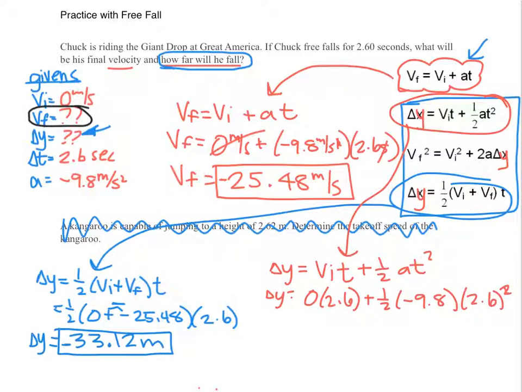Now, you have to be careful here because we have to square the 2.6 only, not anything else. And then we can do the rest of the math. We know that the initial velocity is 0, so this is going to cancel. So we are left with 1/2 times negative 9.8 times 2.6 squared, which is 6.76. Okay. So, last little bit of math here, and we get the same exact answer, which is awesome.